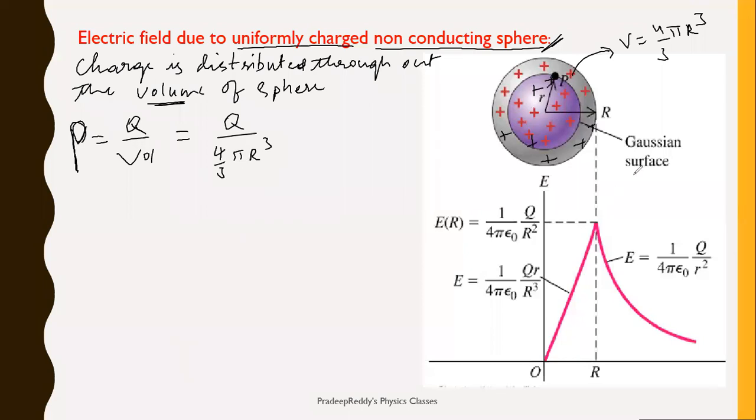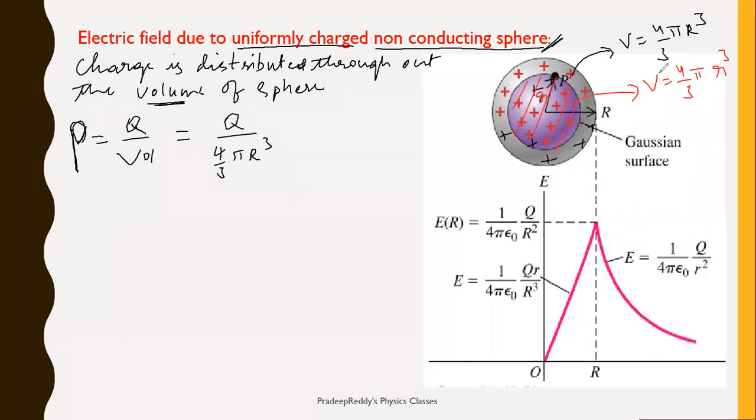Now I want to find out electric field due to solid non-conducting material. Therefore, I'll take a very small element within this sphere, and that element is this part. This element is also a sphere, but its radius is a small r, which is marked with violet color within the sphere, and its volume will be 4 by 3 pi small r cube.